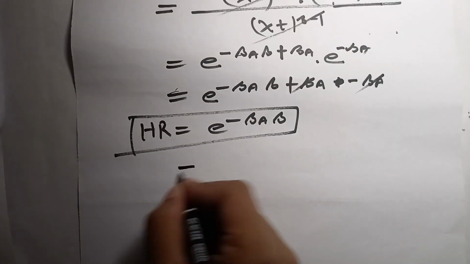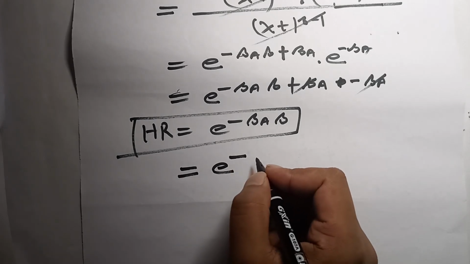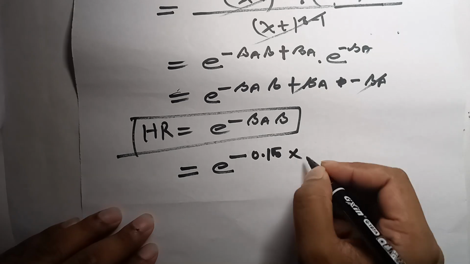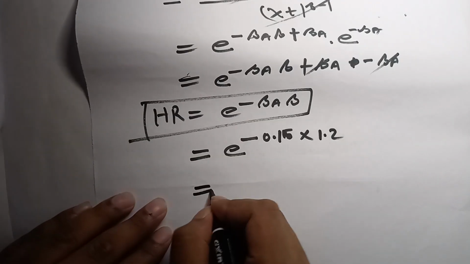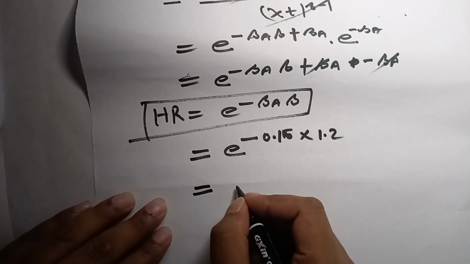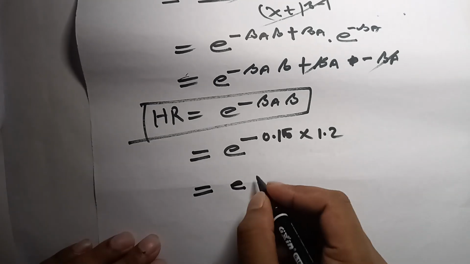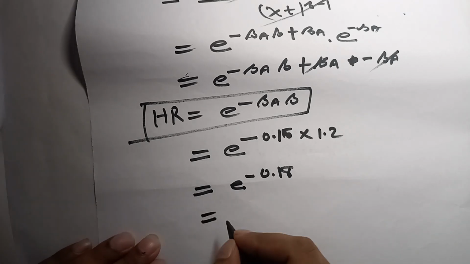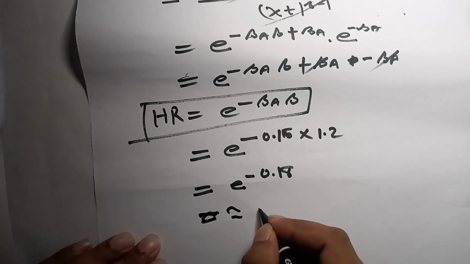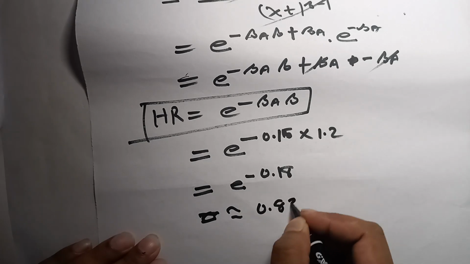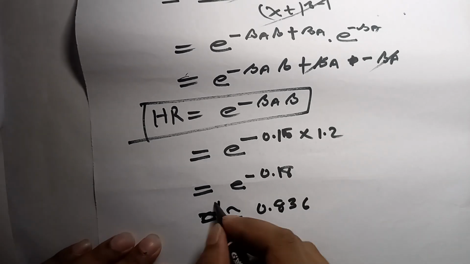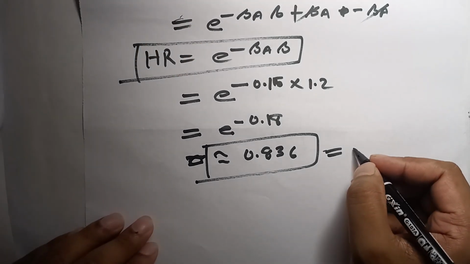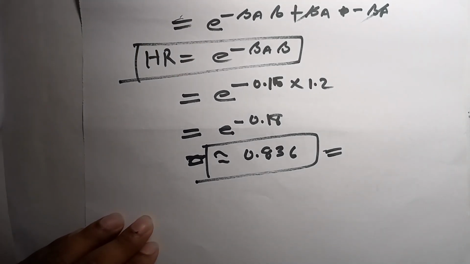So e to the power beta AFT was 0.15 into 1.2, and it will be e to the power minus 0.18, which is approximately 0.836. So we get our answer.